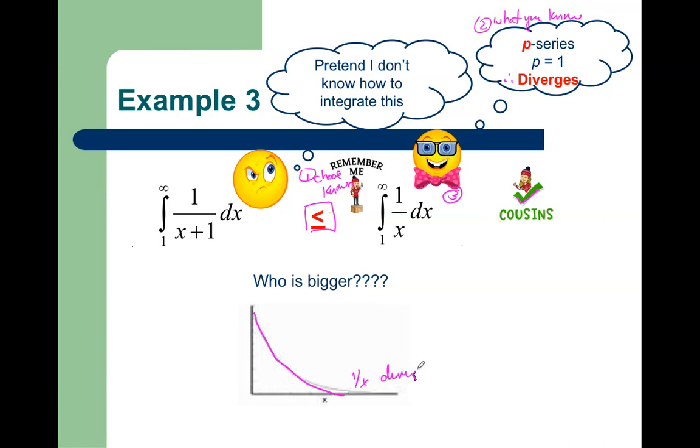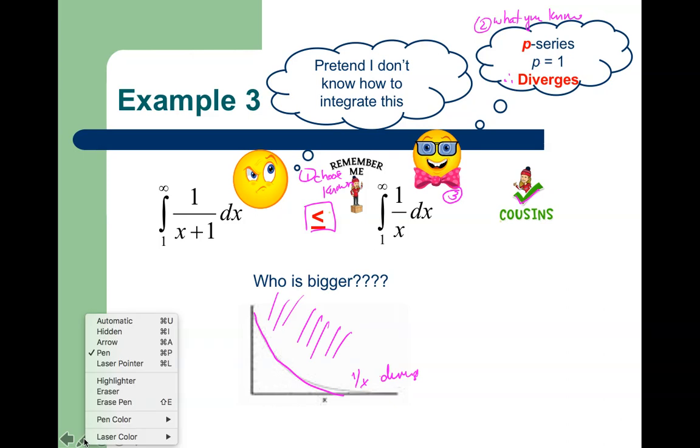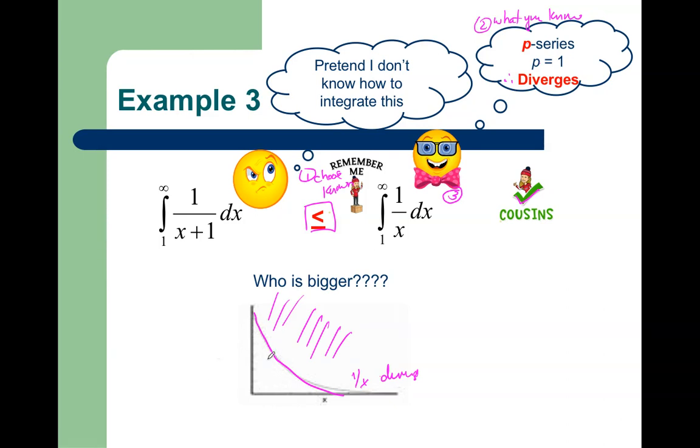I know it diverges, so the sum busts out the house. Oh. Do you see what's the matter here? My purple function is bigger. They are cousins, check, but it's the wrong position for my conclusion.